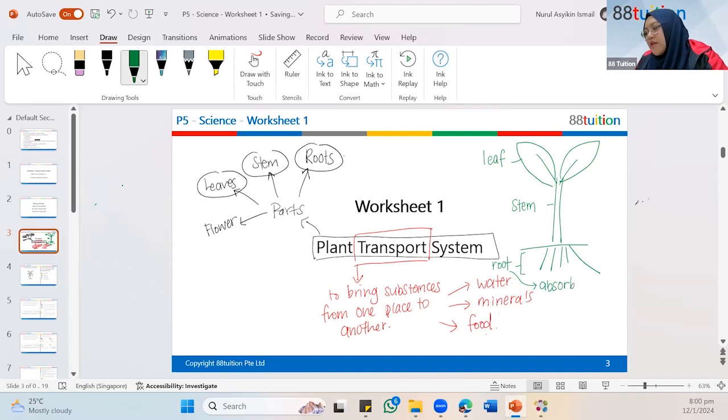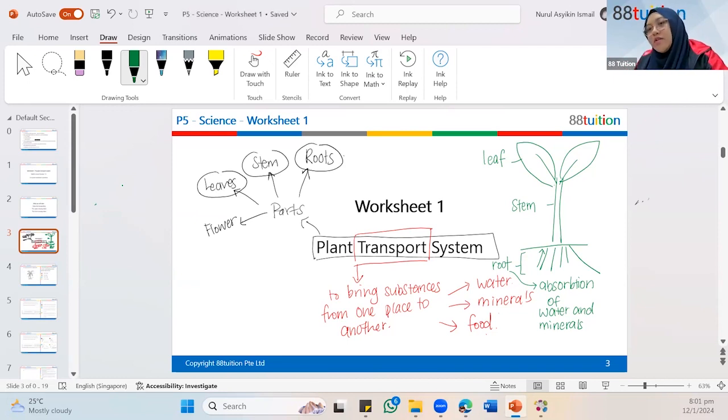So the process they're doing is absorption of water and minerals. So there must be some tubes that will go upwards. That means they are going to transport the absorbed water and minerals into the roots and after that transport them upwards in the plant.